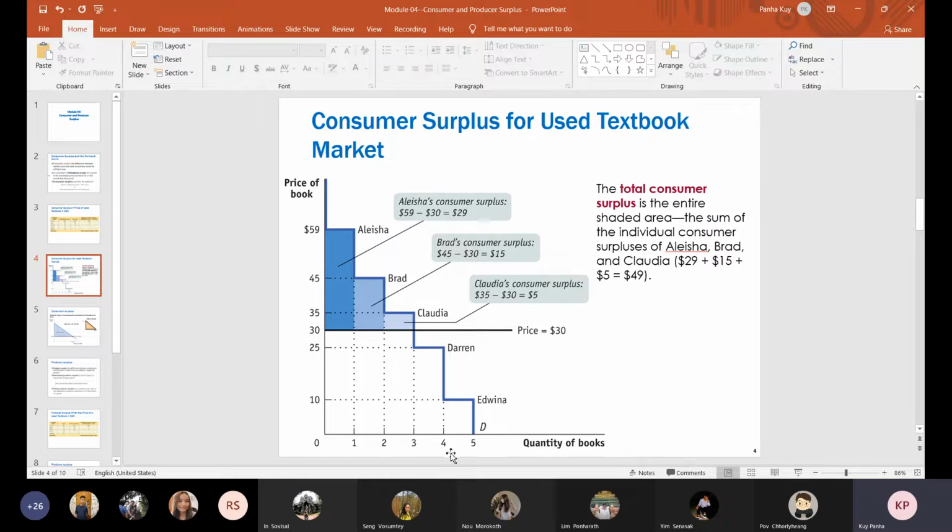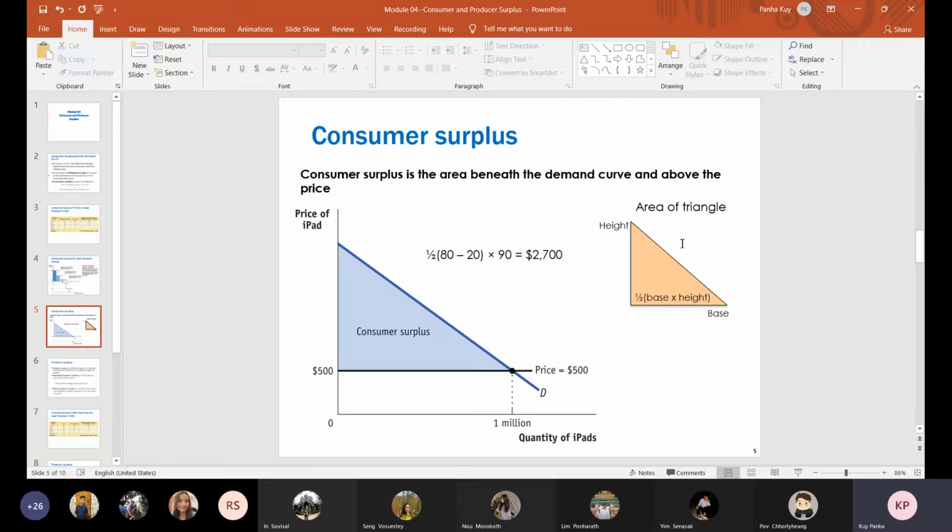If you compute this area, it is the consumer surplus. You can also calculate it by using this triangle.